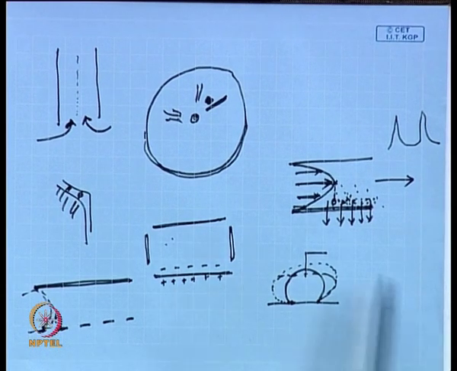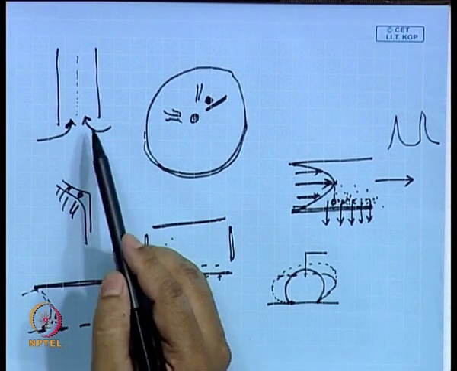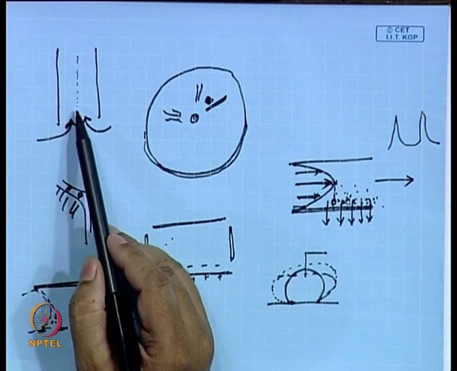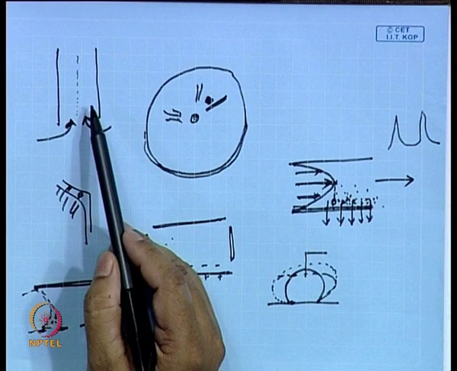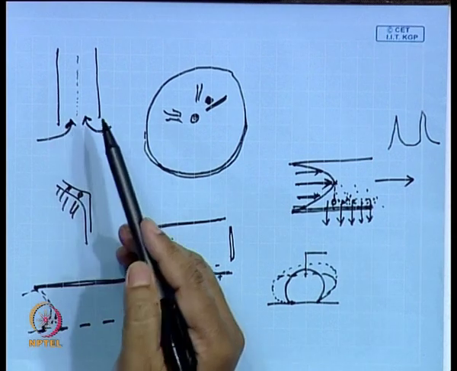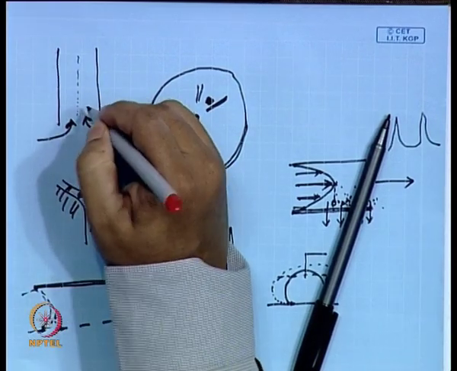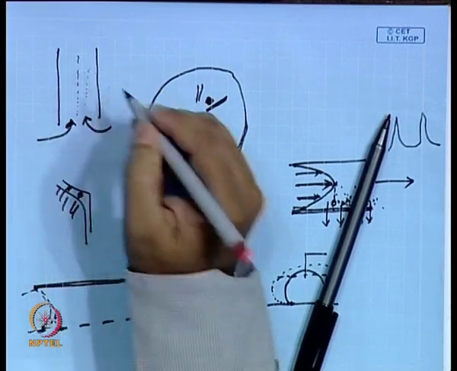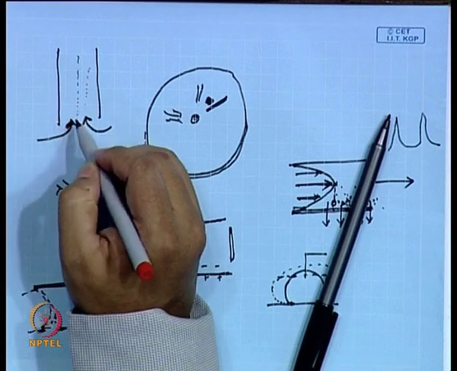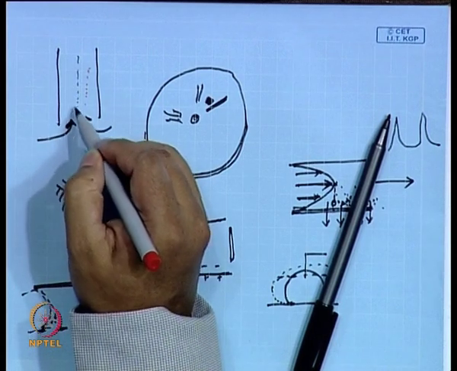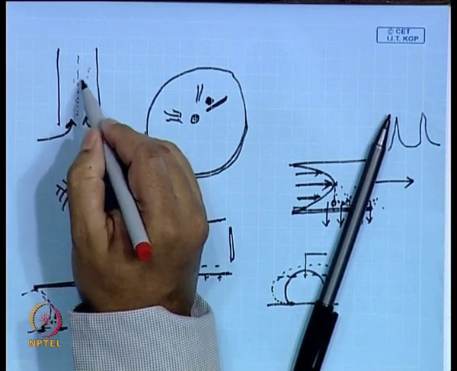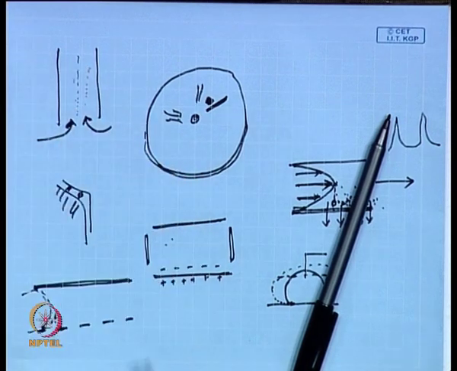In that case you can have the color moving from one layer to the other. If this is red colored and this is black colored, you will find there would be some amount of diffusion. So, the interface would be a little blurred, because one layer will diffuse into the other, all right.